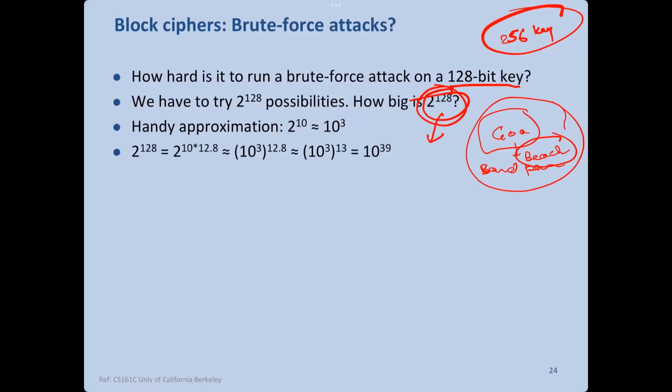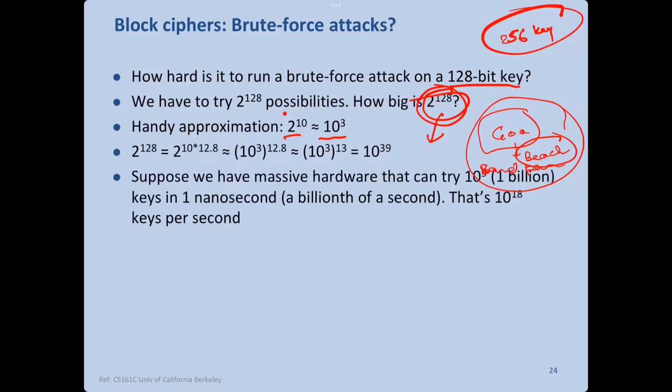So we can simply approximate it, and say that 2 raised to the power 10 is approximately 10 raised to the power 3, because this is 1024, approximately 1000. So 2 raised to the power 128 becomes almost equivalent to 10 raised to the power 39. Then we look at one hardware, because you decrypt using some hardware, some computing you have to do.